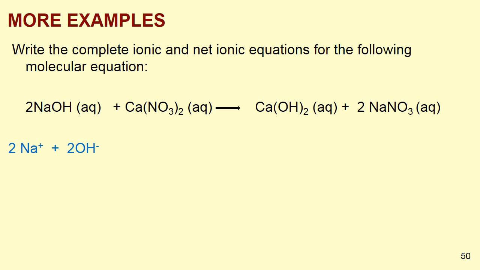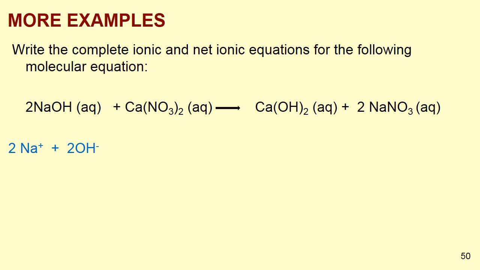So you might not remember what the charges of some of these ions are. You may want to go back into Unit 5 to review some of those things. Remember that the calcium is in the second column, and so it has a +2 ion.